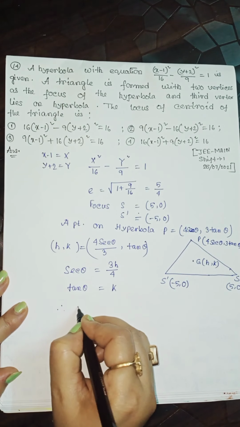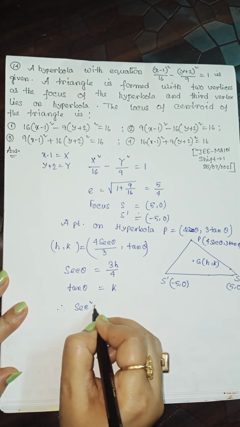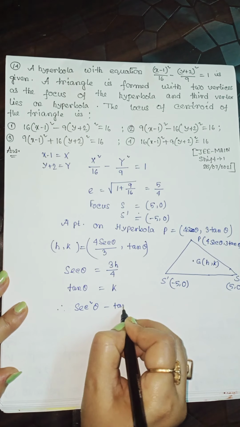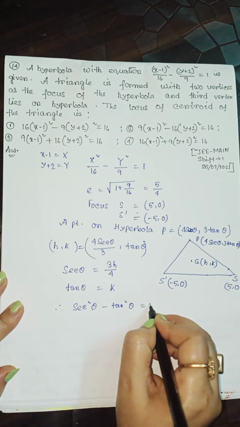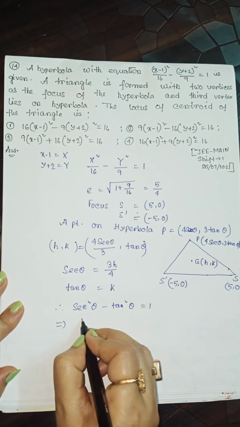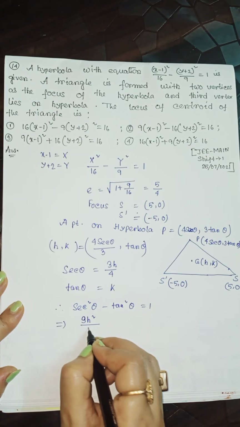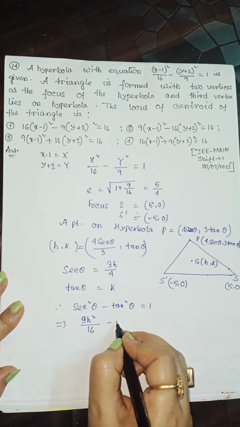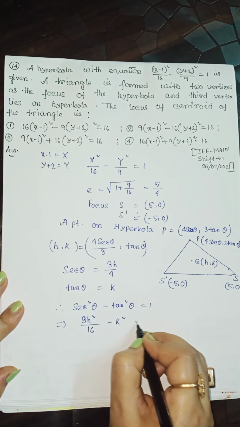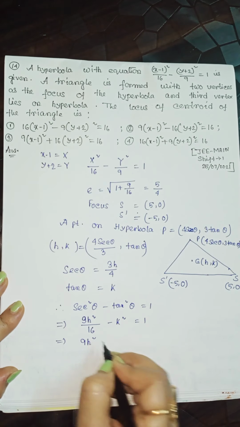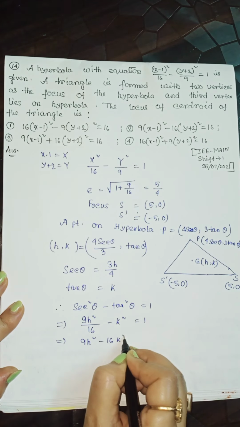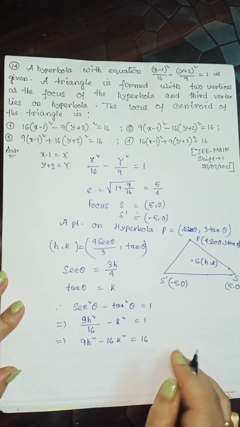So we know sec square theta minus tan square theta is equal to 1. So that implies 9h square divided by 16 minus k square is equal to 1. So that implies 9h square minus 16k square is equal to 16.